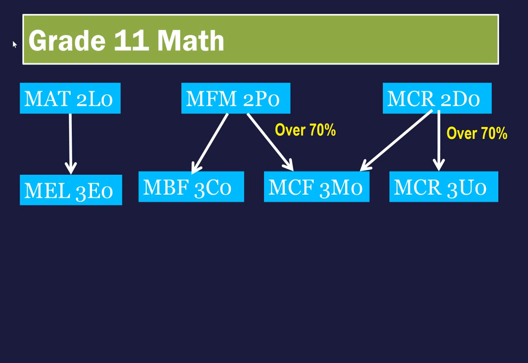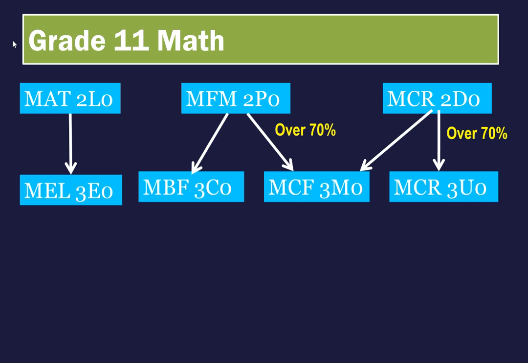I would suggest you take the MCF3MO only if you have 70% or over in grade 10 applied level math. Having said that, I will say that the MCF3MO, the only university grade 12 math course that leads to is data management. And data management cannot be used for many programs at university. It can be used for business programs, but science programs, engineering programs, it cannot.